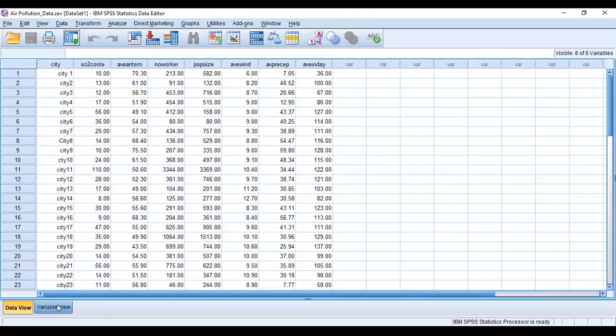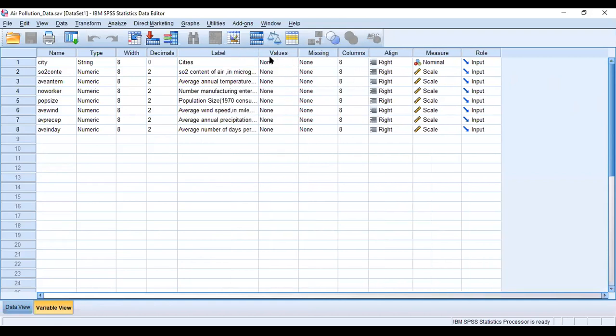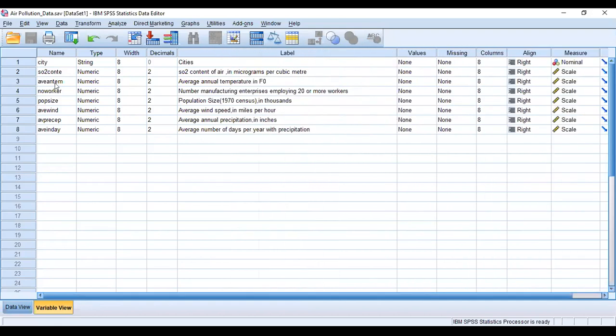If you see this data, this is air pollution data. The first column is cities, and then the second column is sulfur dioxide content of air in micrograms per cubic meter, and then average annual temperature. Then the number of manufacturing enterprises employing 20 or more workers.